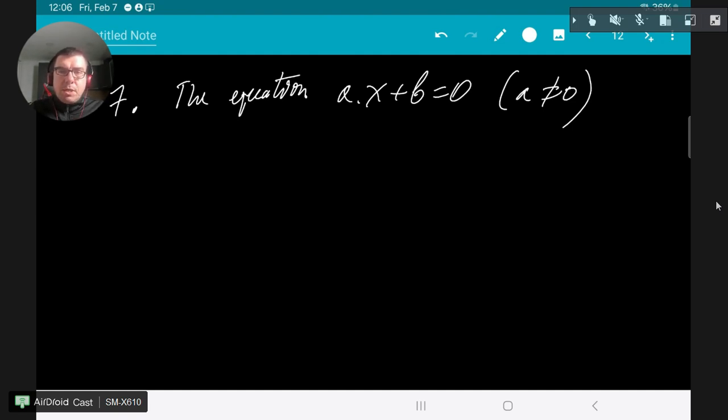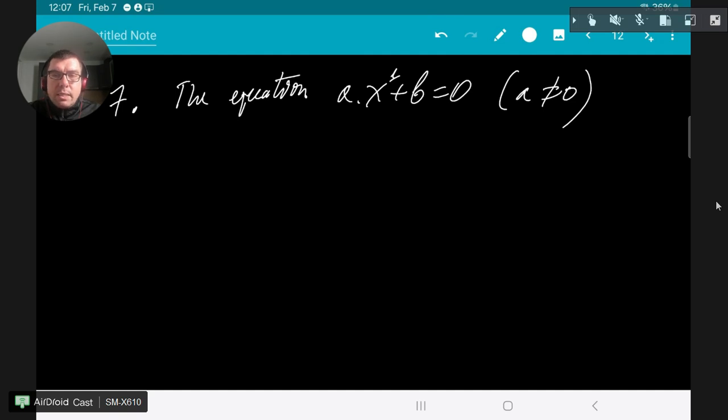We're just simply going to call it an equation with one unknown of the first degree, because we have only one unknown. This is x. A and b are numbers which are given in the problem, and obviously x is to the first power, to the power of 1. Okay, so we can call it an equation with one unknown of the first degree. This is an equation of the type a times x plus b equals 0.